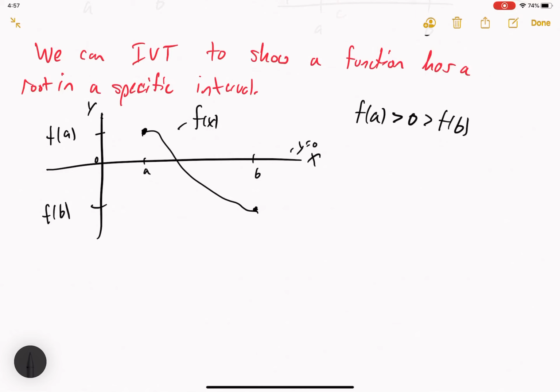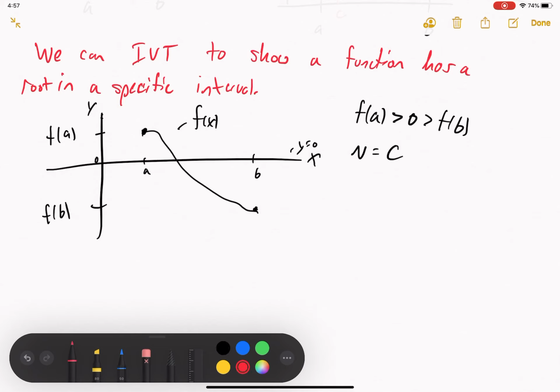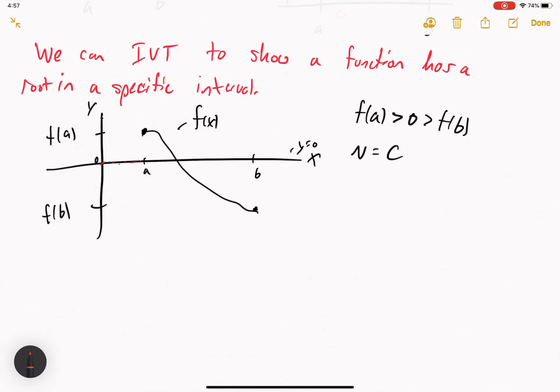So again, using the intermediate value theorem, if we just let n equal 0, then we can just go over and look at that point. And that value right there is our 0. So we have that f of c is equal to 0. So this is pretty nice.